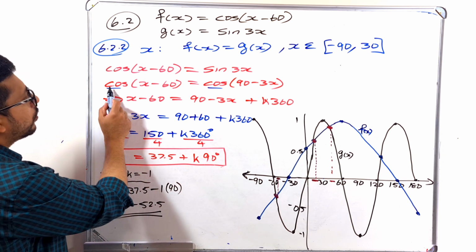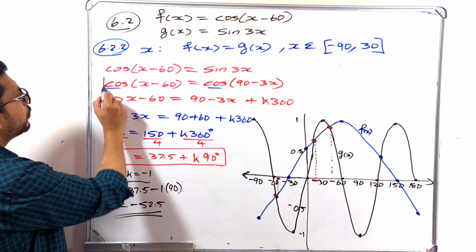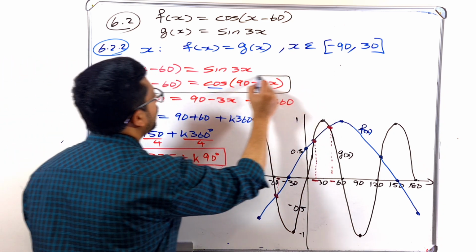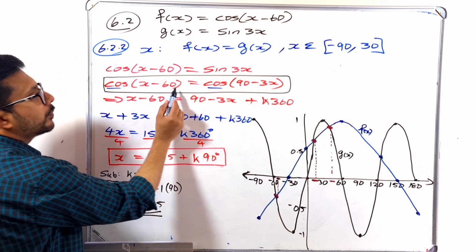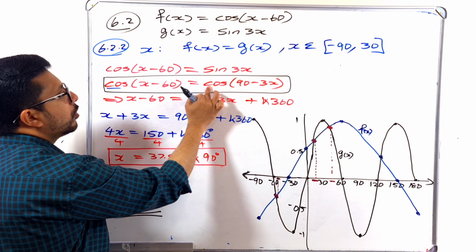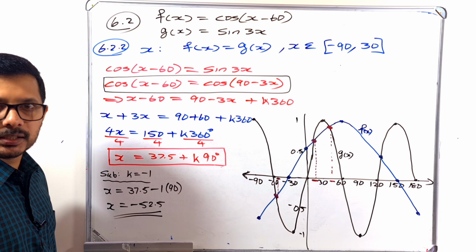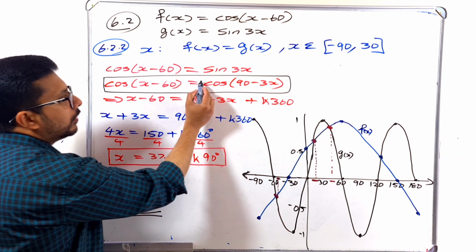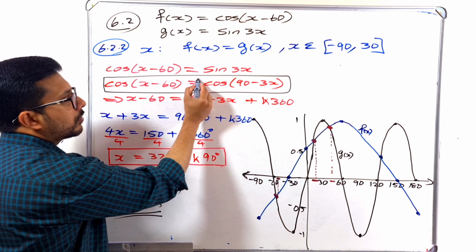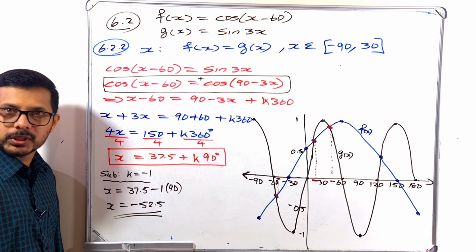Look at this equation. Cos of x minus 60 is equal to cos of 90 minus 3x. Here they are not saying that it is negative, so it means that it is positive.